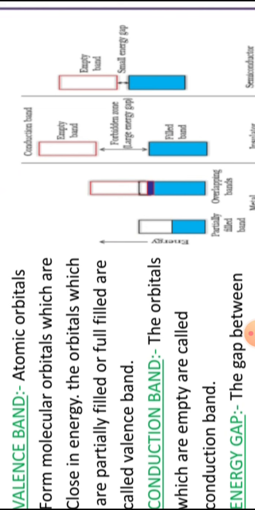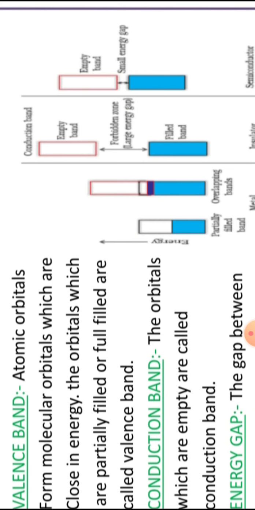Semiconductors are the elements in which the energy gap is less than insulator but greater than conductor. So electrons can jump from valence band to conduction band, but not many electrons are able to jump. So their conductivity is less than metals. Remember this thing: in case of semiconductors, the energy gap is small, so electrons can jump from valence band to conduction band, but not many electrons.